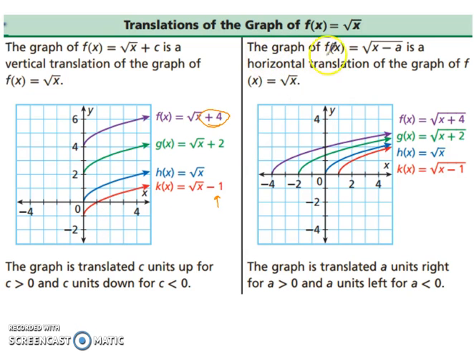So now let's look at the graph of f of x equals the square root of x minus a, where it's all underneath the square root function. Just like with absolute value, when it's underneath or inside, you're going to move left and right.